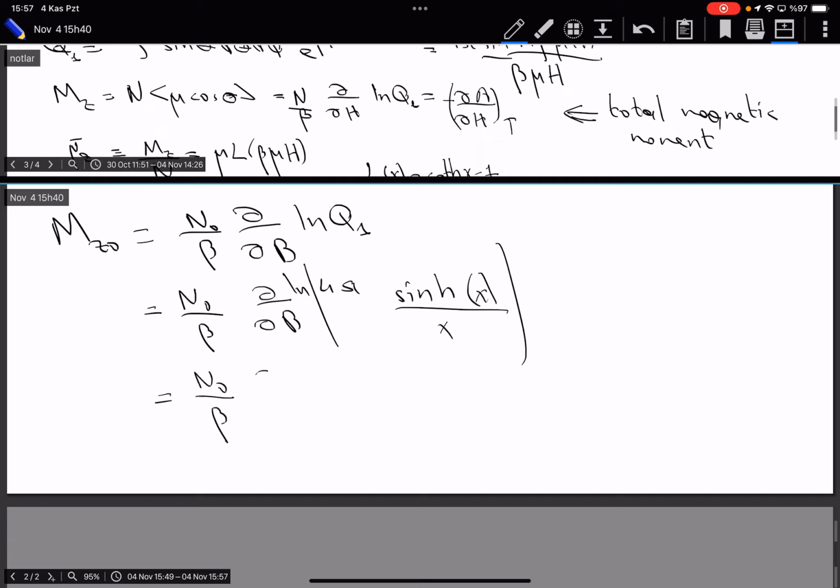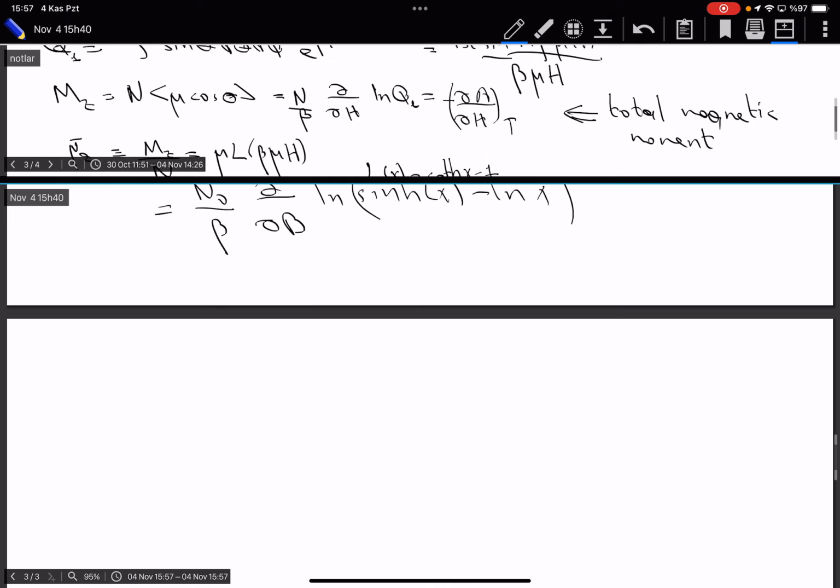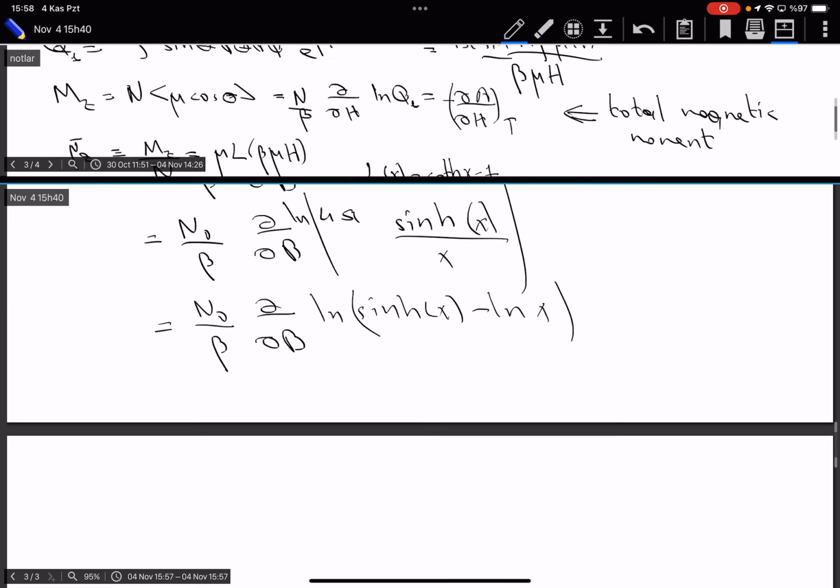N0 over beta, derivative with respect to B of the logarithm of sinh X minus logarithm of X. Well, I don't write the logarithm of 4 pi because that's just a constant. When I take the derivative, it will be just 0.